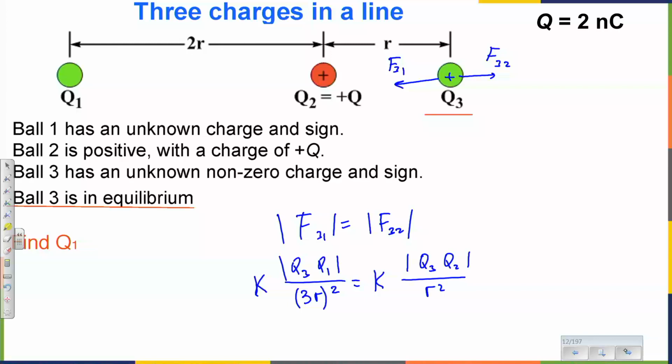Well, we can cancel this constant. We actually can cancel r's. R squared, R squared. Oh, no, that's correct. We can cancel this charge, actually. The value of this charge doesn't matter. So what's left?